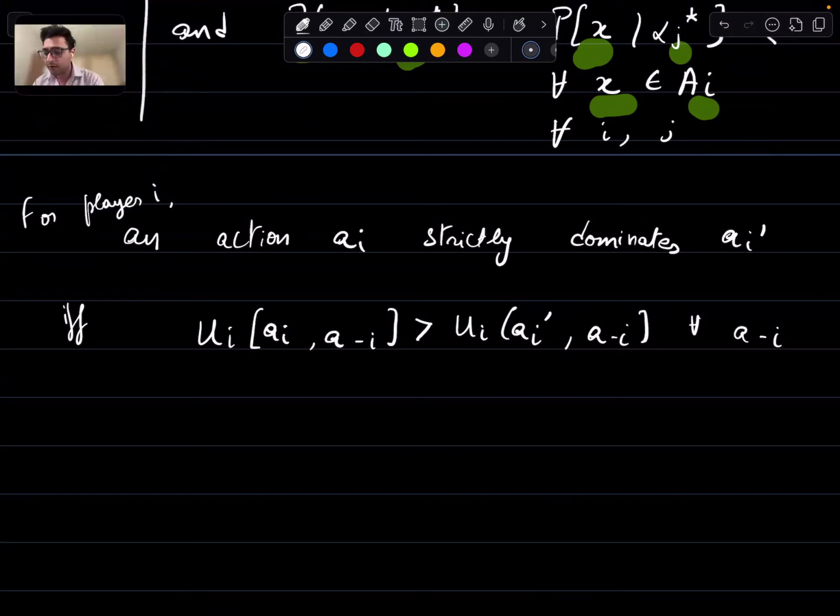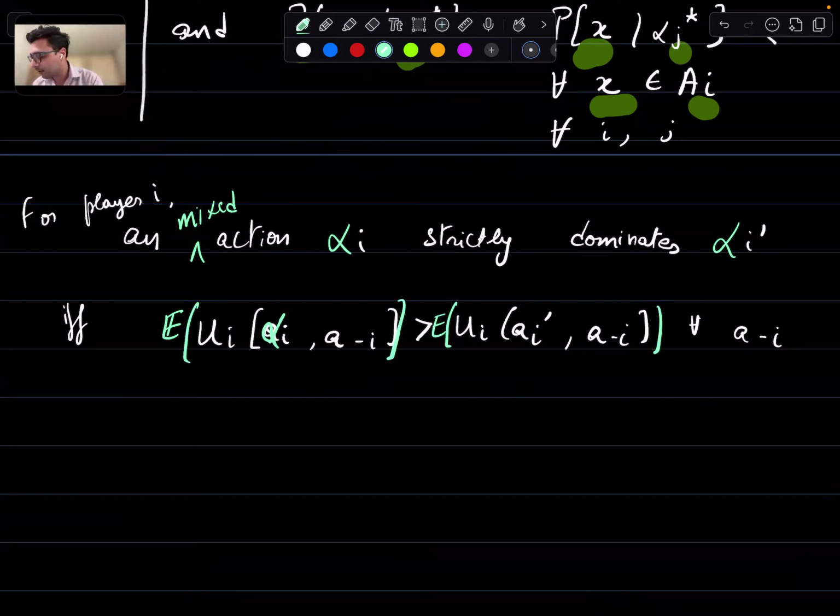But this is with pure strategies. With mixed strategies, the thing that changes is now we're talking about a mix over actions, or a mixed action. Alpha i strictly dominates alpha i prime if the expected utility that player i gets from choosing alpha i is strictly greater than the expected utility that player i gets from choosing alpha i prime when other players choose a minus i.